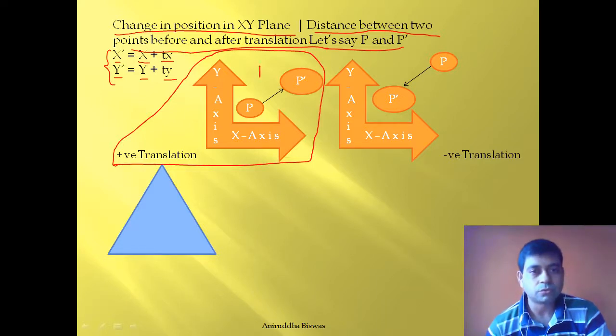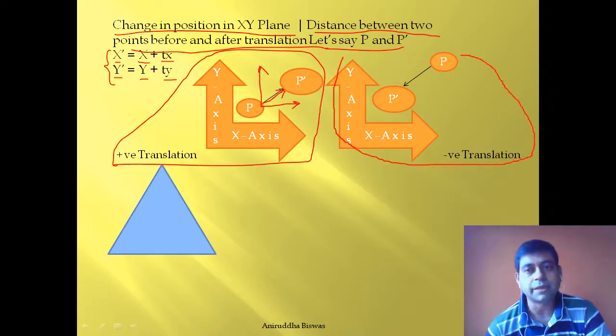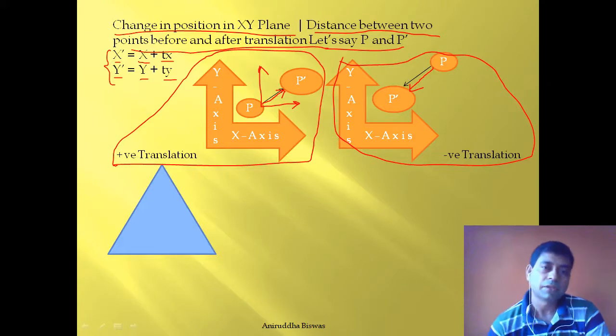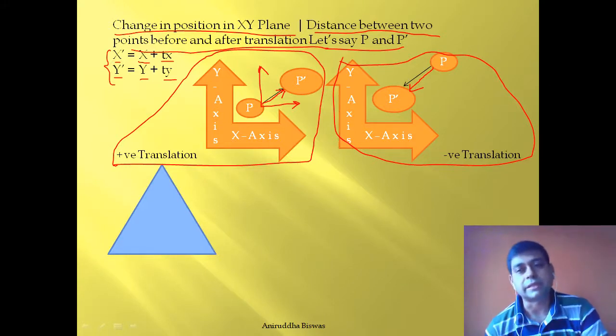So this is the y-axis, this is the x-axis, and here is the movement of the point P towards this direction. That is why it is a positive translation. If it was opposite or reverse, like in this case, this is a negative translation because this point P is moving in the reverse direction than that of this one. Okay, that is why it is called a negative translation.